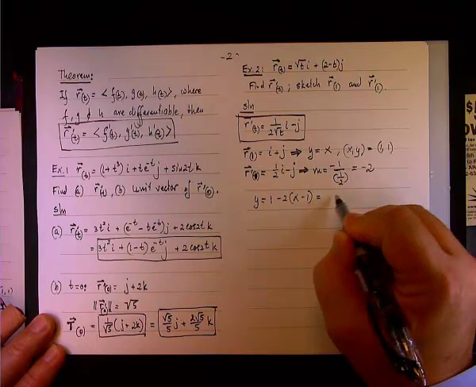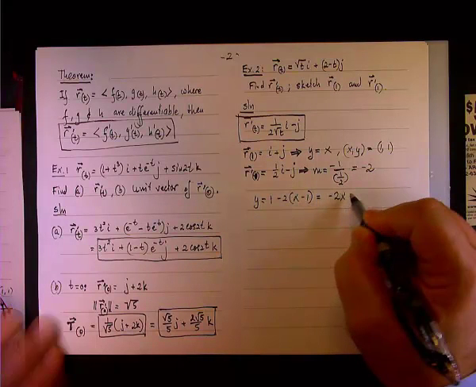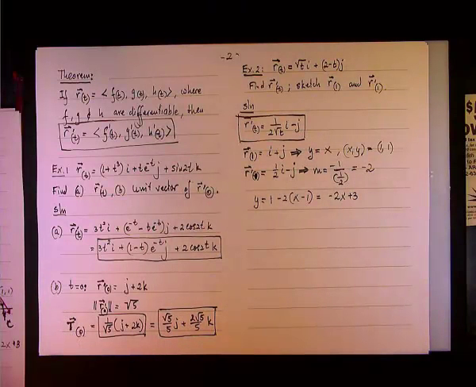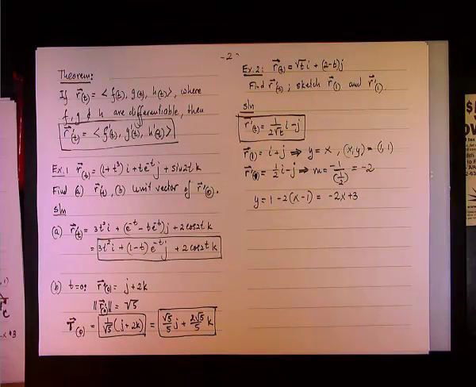So y equals 1 minus 2 times x minus 1, or it will be negative 2x plus 3. So having done this, we pretty much know what we look for. So let's put it on the graph program and see what happens.